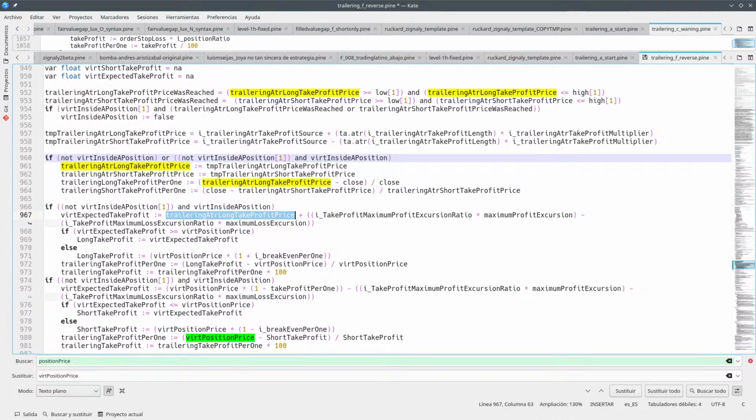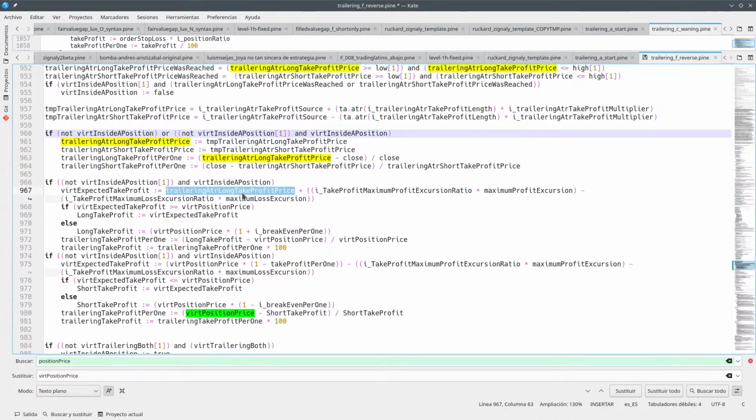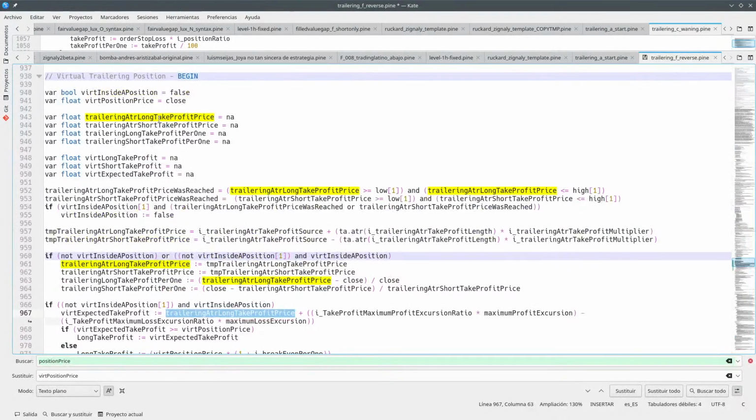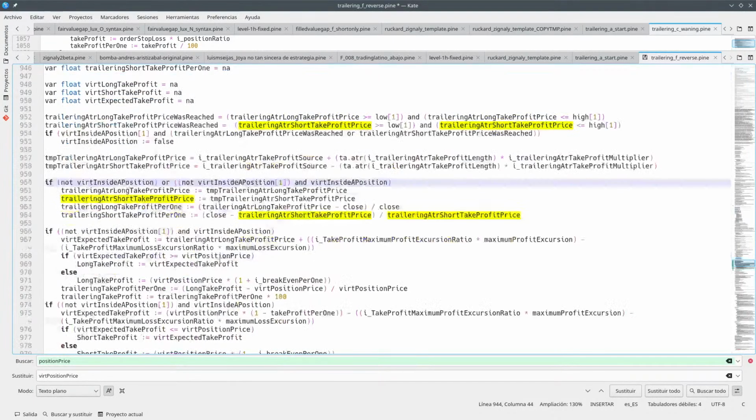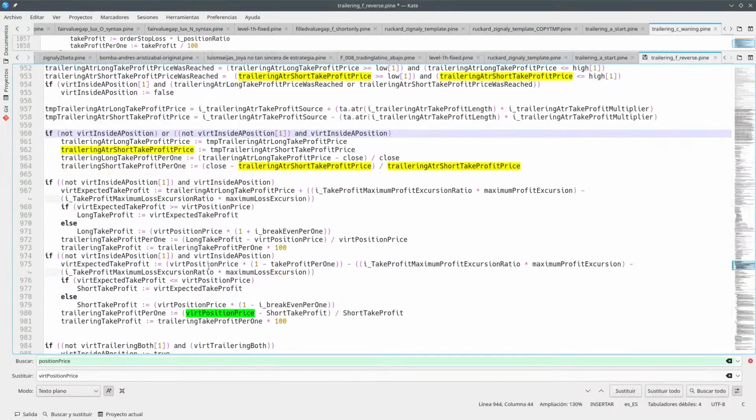This is okay. So down here we should have the other one, which is the short one. So let me check here, down here. We should have this here. That's right.